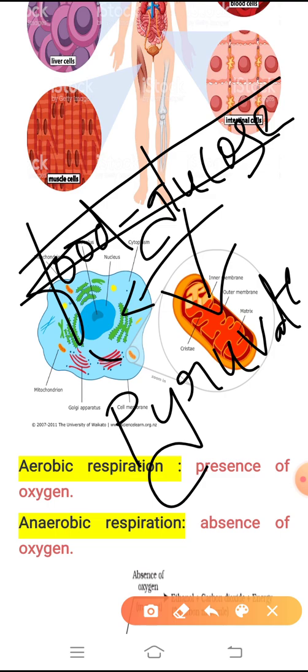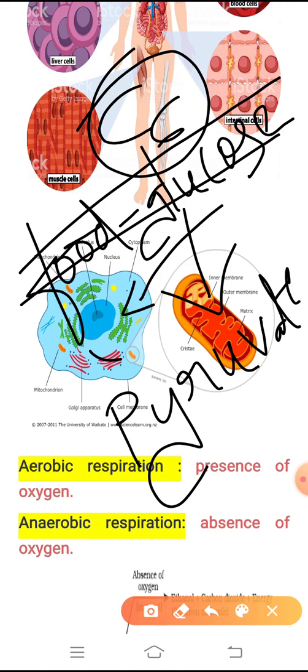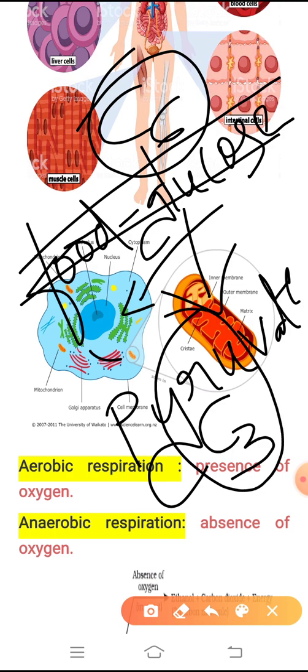Then what is the difference between glucose and pyruvate? The glucose contains 6 molecules of carbon, whereas once the glucose gets divided, it forms 3 molecules of carbon, which is called pyruvate. Okay, did you understand?